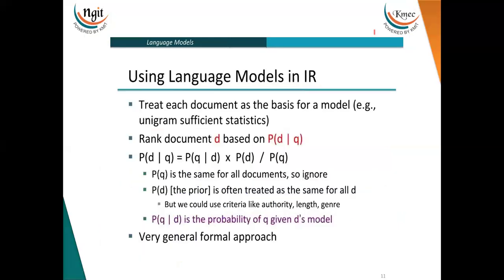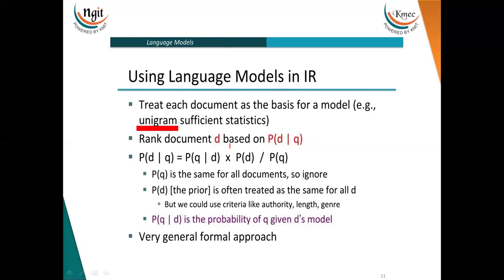Now, how are we using the language model? Here, each document is considered as a unigram. Unigram means we are trying to find the probability of a single term. We are not going to find the probability of two terms joined together.